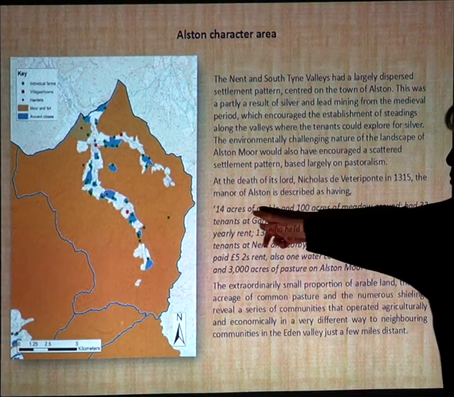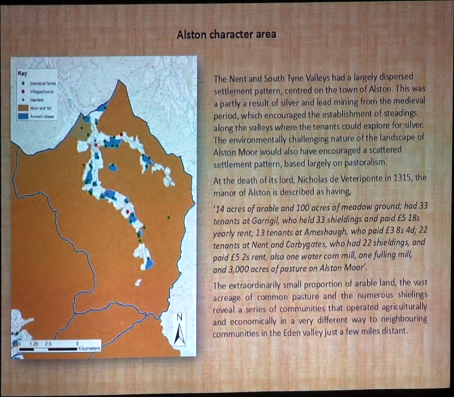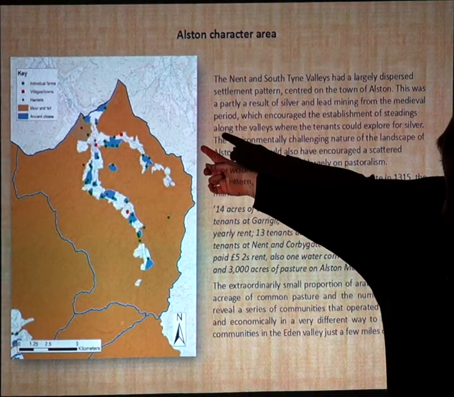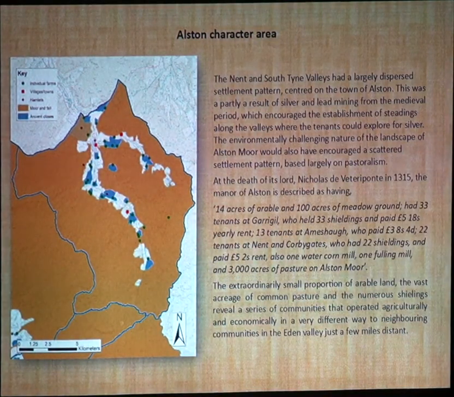And I think there was arable, but across the whole area, 14 acres of arable. It's not a lot, is it? And possibly that was around Alston itself, it's quite likely. 100 acres of meadow, so that was bottom land that was richer grassland, which was important for grazing animals, particularly early in the year.